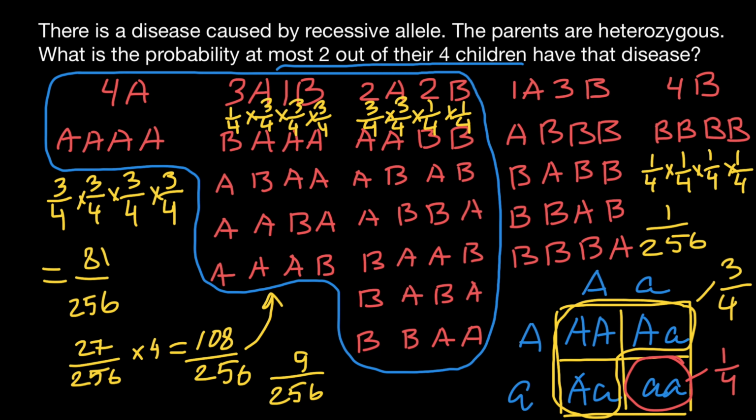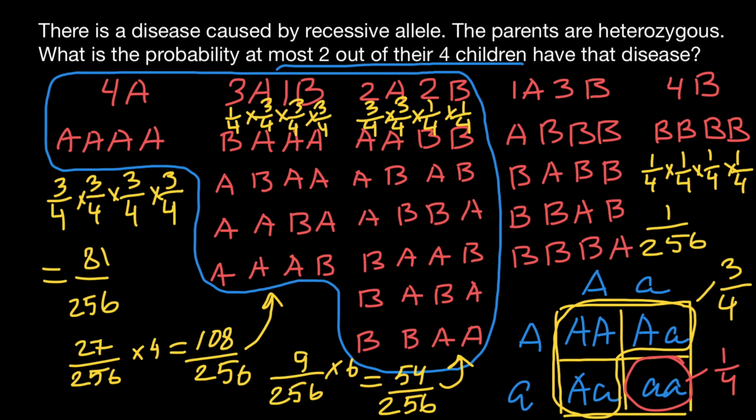And again, we have 1, 2, 3, 4, 5, 6 different combinations. So times 6. And we are going to have 54 over 256. This is going to be the probability of having 2 children who are going to be affected and 2 who are going to be unaffected.